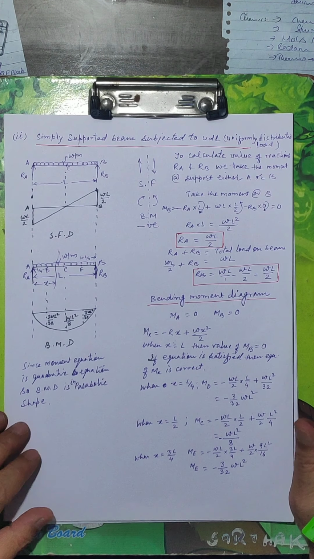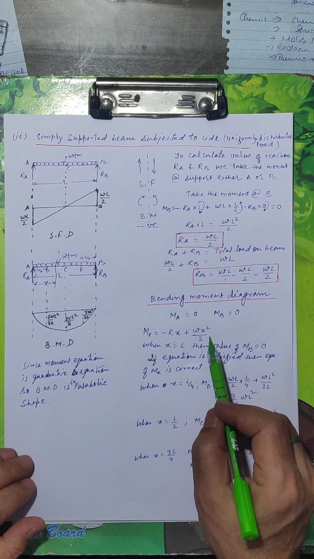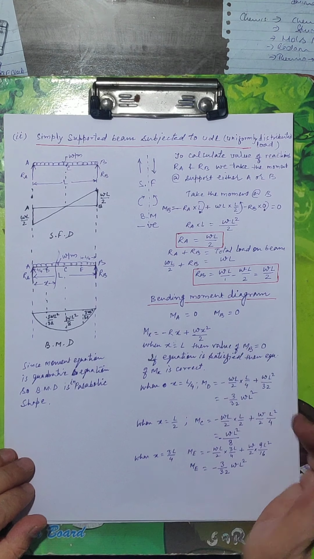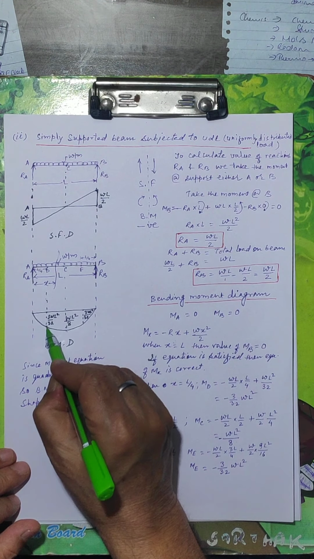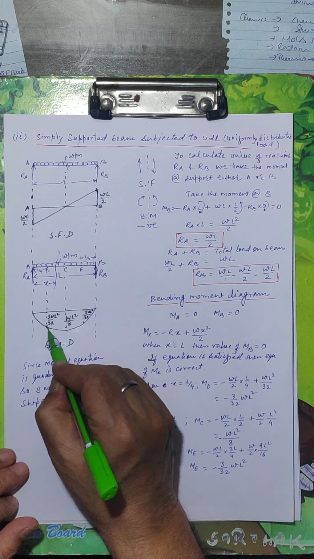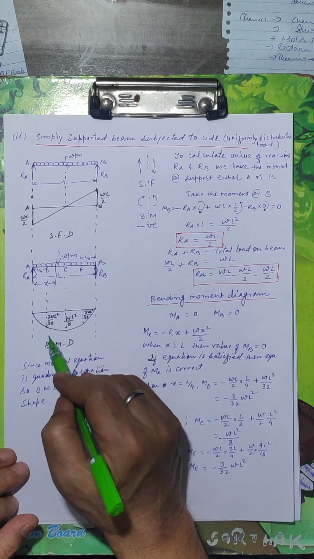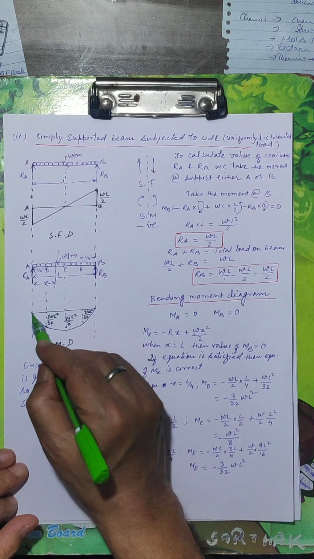So many values of moment we can get by this equation, putting the value of x. Because it is negative, we take this point below this line AB.